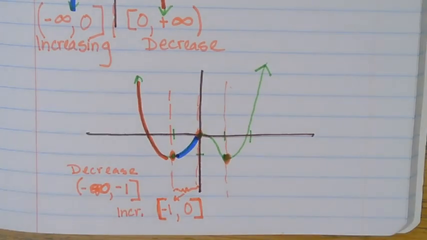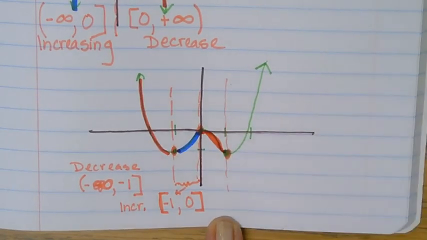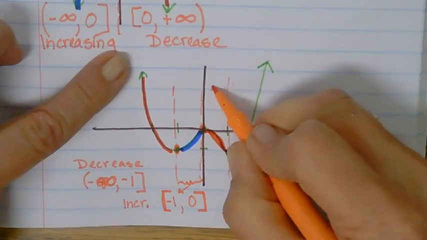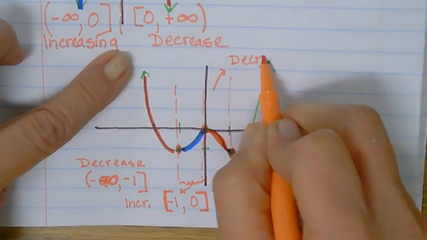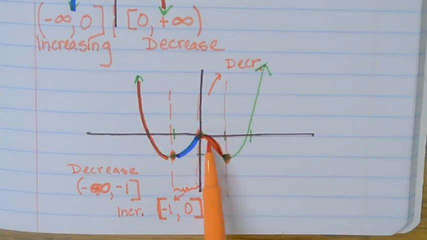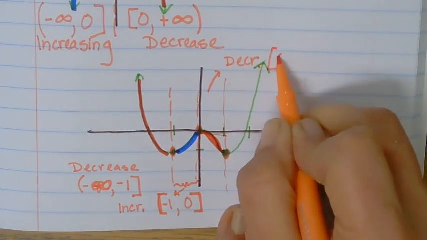And that's not a point. That's telling you along what span it's increasing. Then we have another section. What's happening here? Now it's decreasing. I'm going to write it up here. And it's decreasing from 0 to positive 1. Brackets.